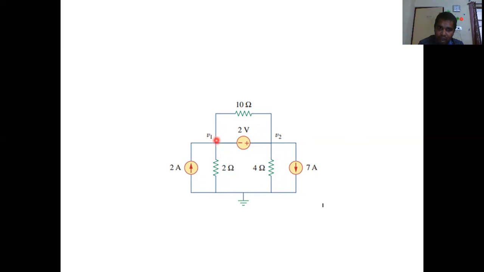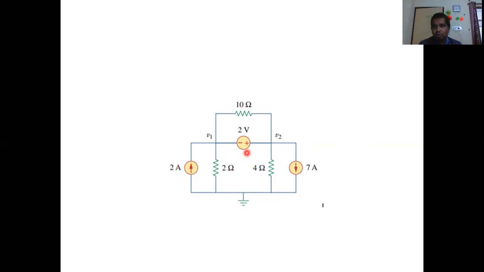Before that you should also have the individual node marking and the current representation done, right? So for two nodes you will have two equations, one equation for the super node and one equation for that voltage source, right?